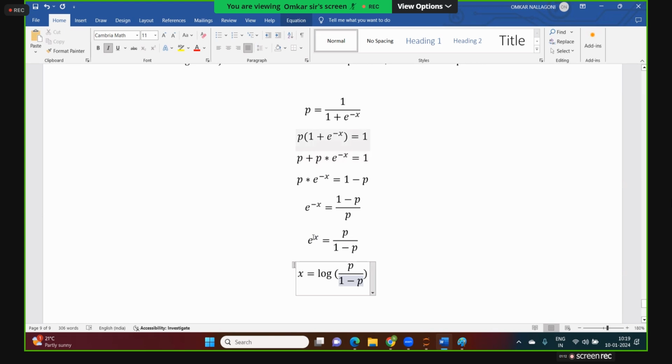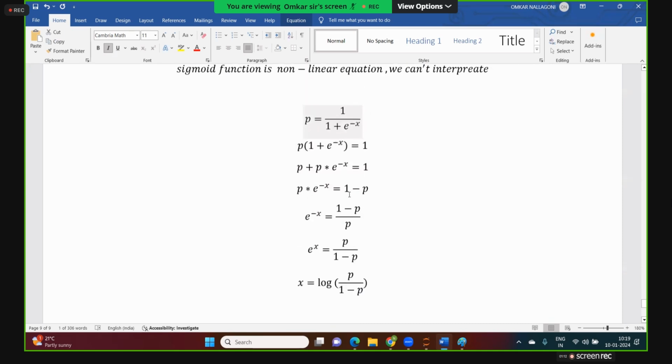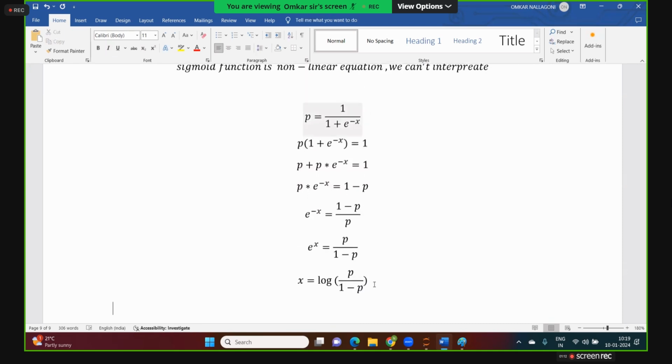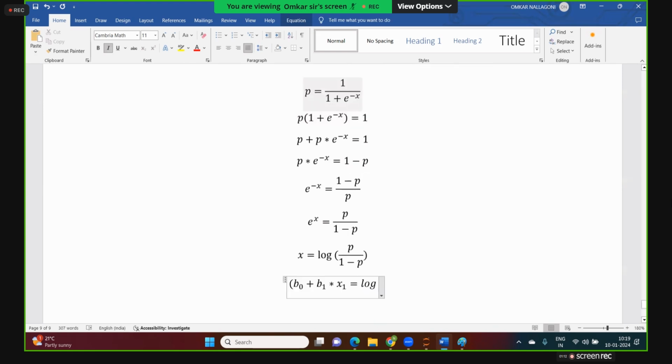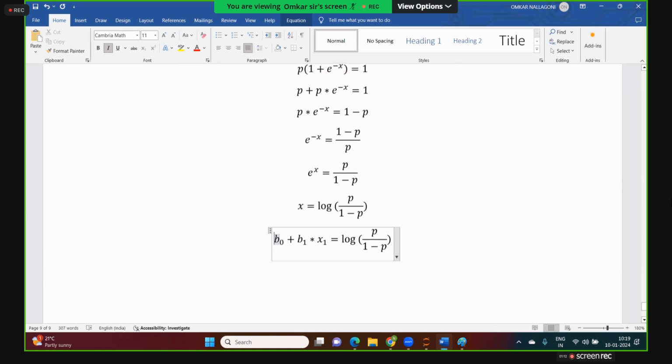Then what is x? X is nothing but the linear equation. Then this equals the log of this equation. If you don't understand, I will explain, don't worry, just reverse it.